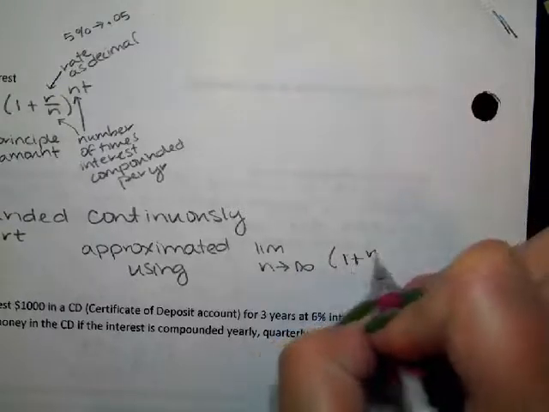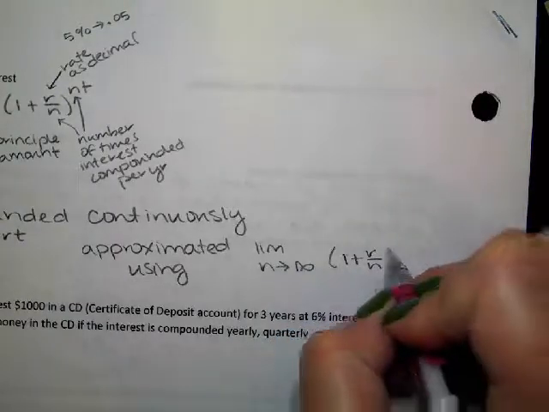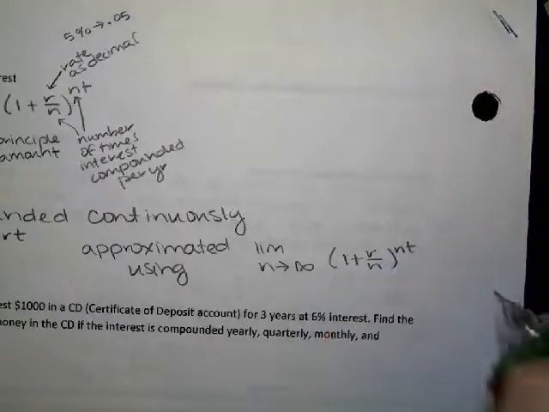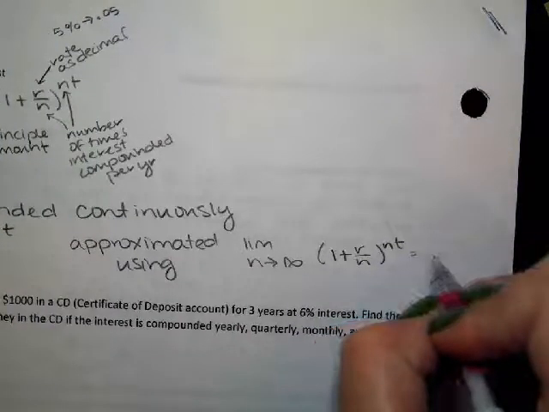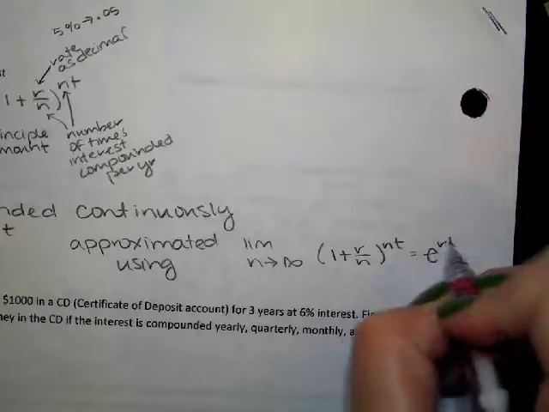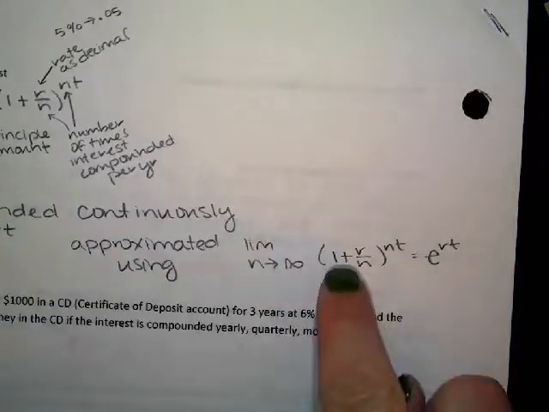So this is the same as e to the rt. So I guess the 1 plus r over n, this is the same as e. That blows my mind. I don't know. It blows my mind.